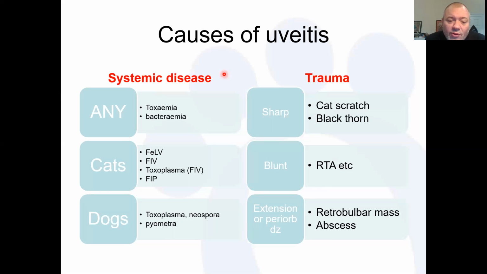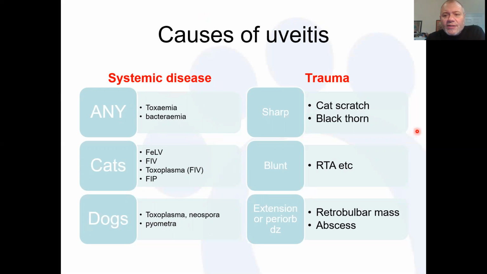Migrating toxoplasma and neospora can lodge in the vessels, both in the choroid, the iris, and in the superficial retinal vessels, to lead to chronic granulomatous uveitis, both the back and the front of the eye. And we mentioned pyometra already. Really, the key point is anything which can cause toxemia or bacteremia, where microemboli can get into those vessels and damage them, exposing the intraocular environment to the systemic immune system.